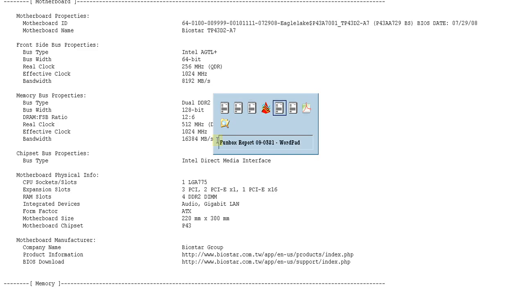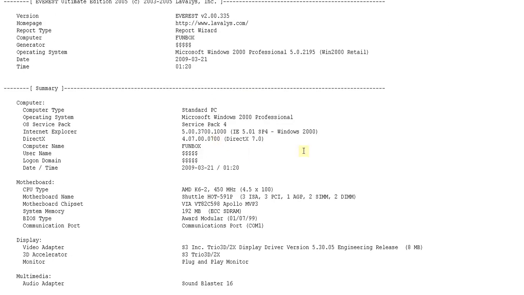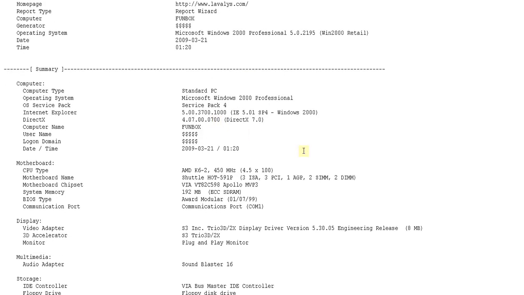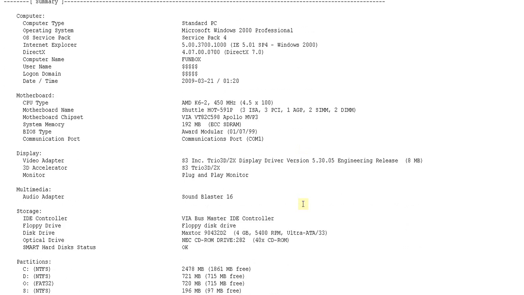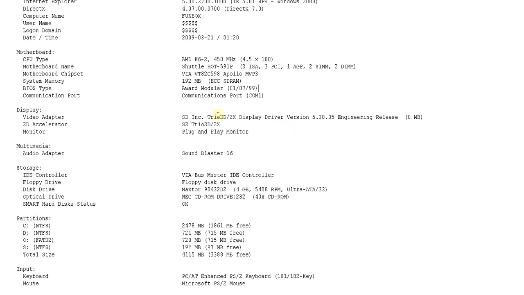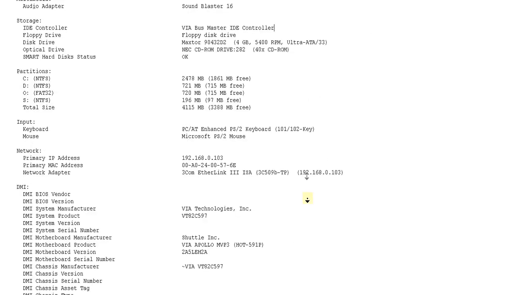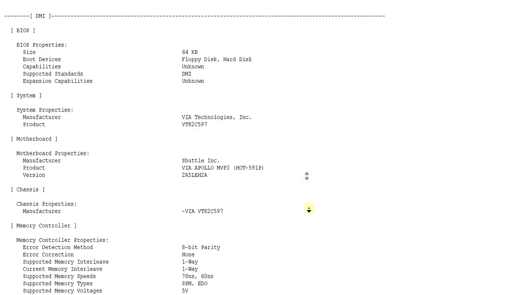Alright, let's really go back in the day. This is a report from, I don't know if any of you remember this, an AMD K6-2 running on the MVP3 chip. And does anybody remember this? S3 Trios? Sound Blaster? This is a fun box made for running DOS games.